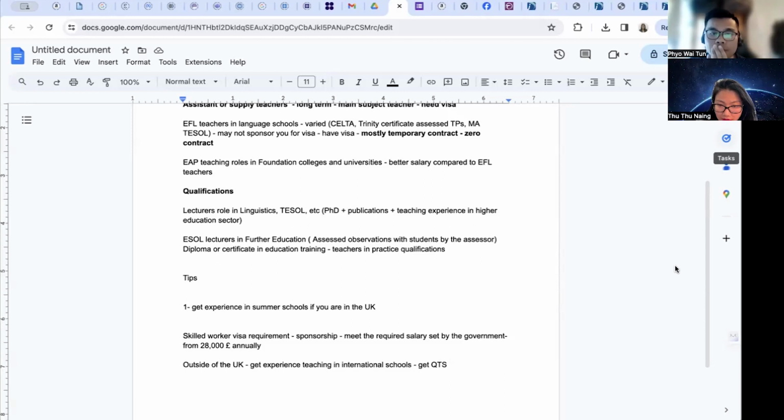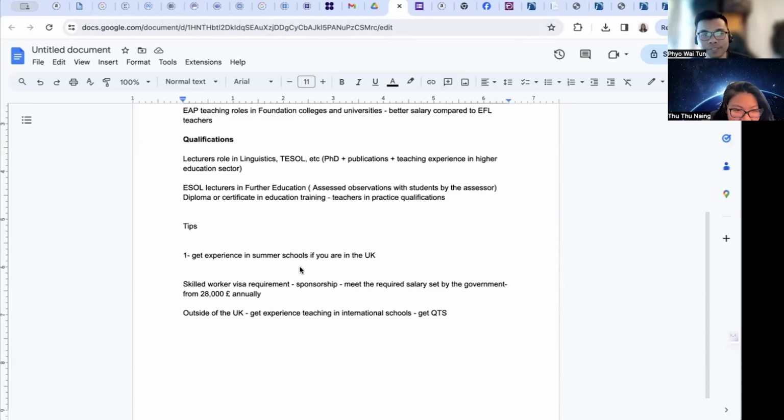Another option would be to work at a university in a lecturer role, right? But it will be very difficult. So what people usually do is apply for a master's degree.